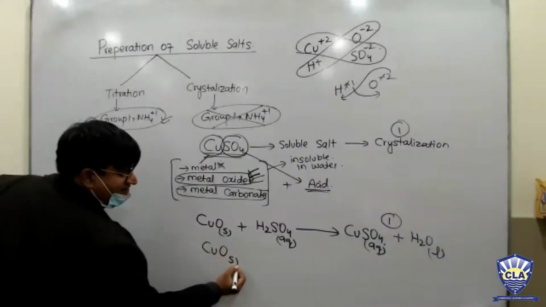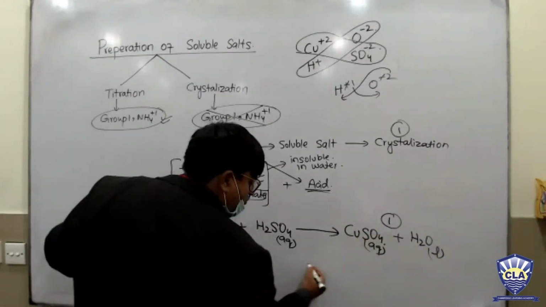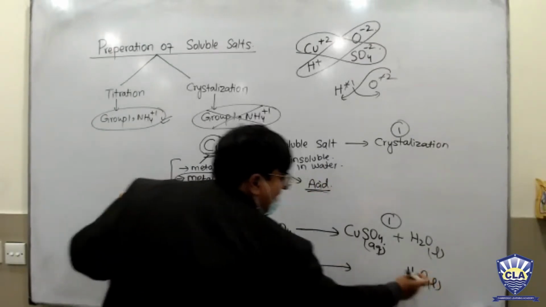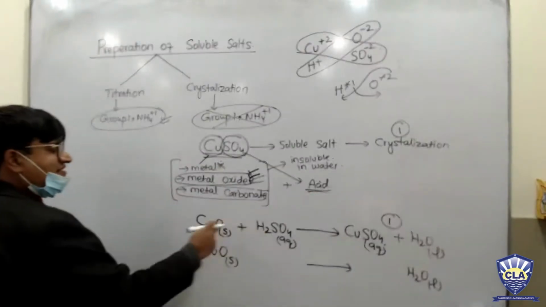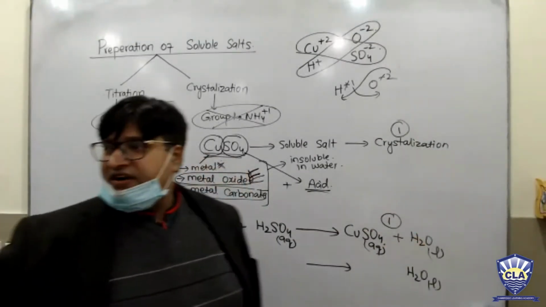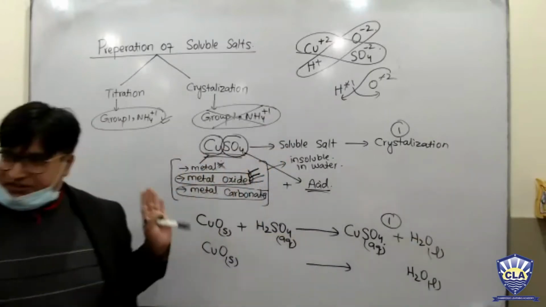Just write it as it is. And liquid is H2O, write it as it is. Solid, liquid, and gases, if they are present in the equation, just write them as it is.